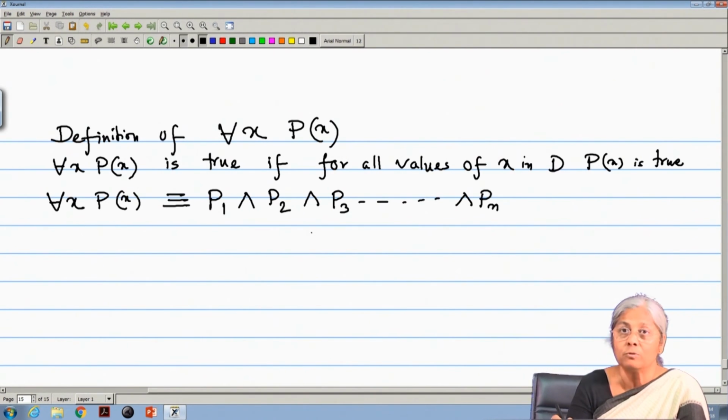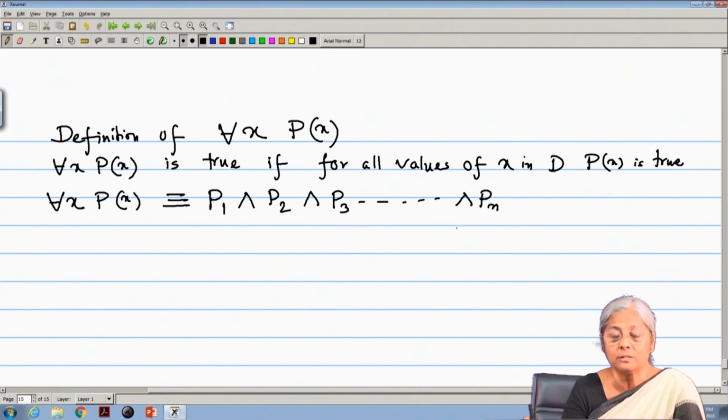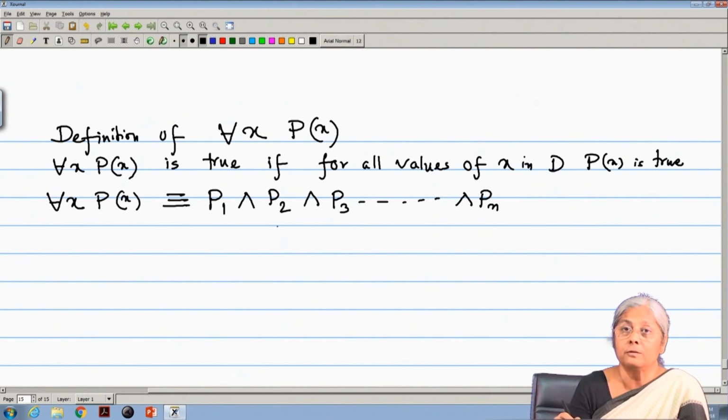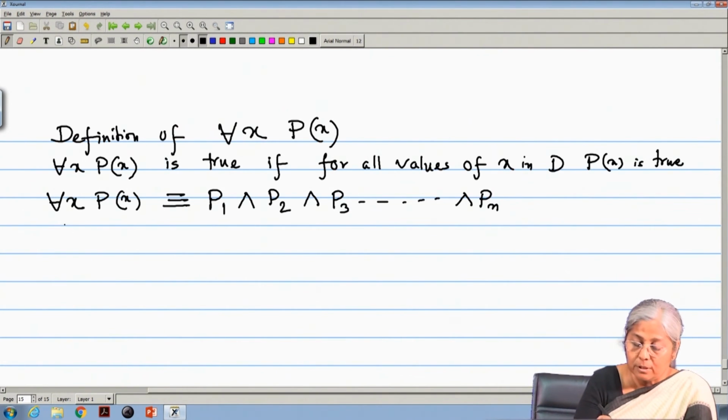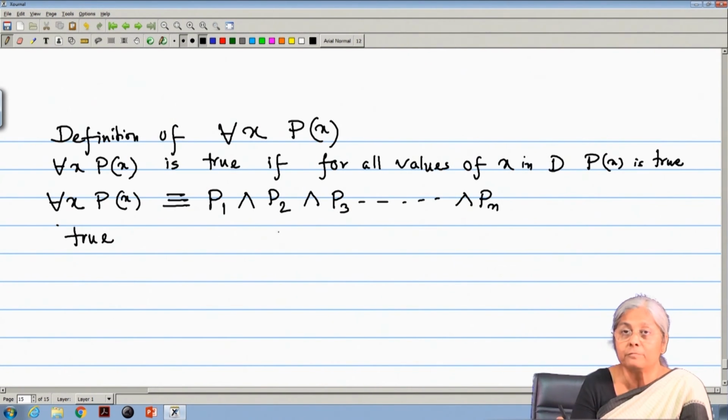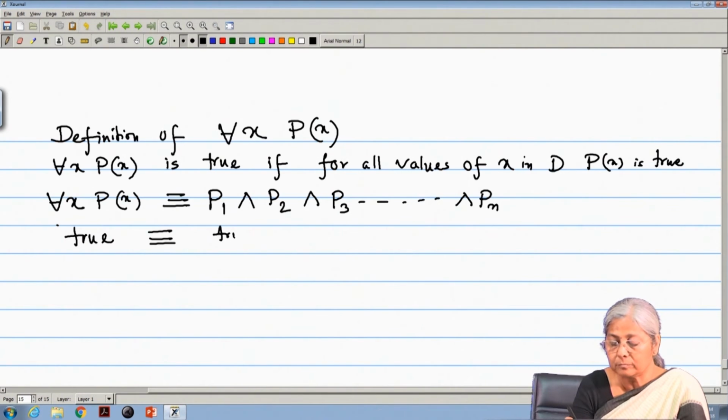Since it is a conjunction, the left-hand side will be true if this conjunction is true, that is, if all Pi's are true.